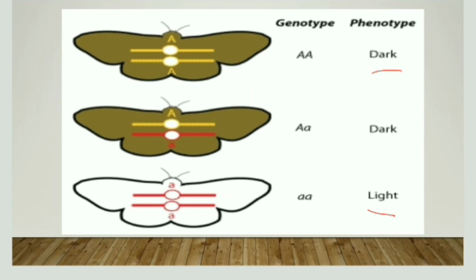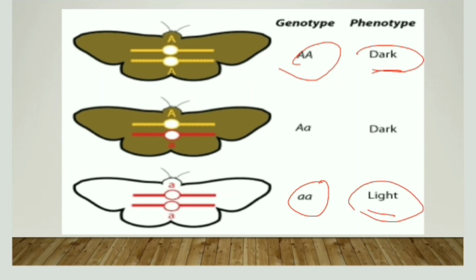As we discussed earlier, a particular gene has two alleles, and if the two alleles are in the dominant form, then they are dark in color, and if the two alleles are in the recessive form, then it gives rise to a light color. If one allele is dominant, whereas the other allele is recessive, then also it is dark in color, and this is because dominance is shown here. That is, one allele is dominant over the other allele.